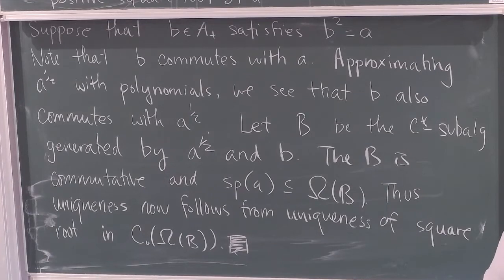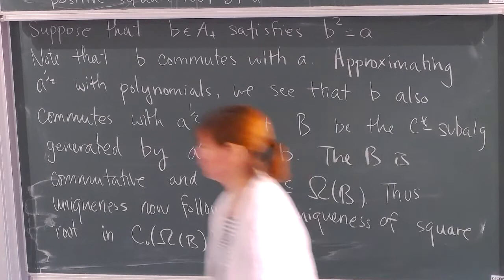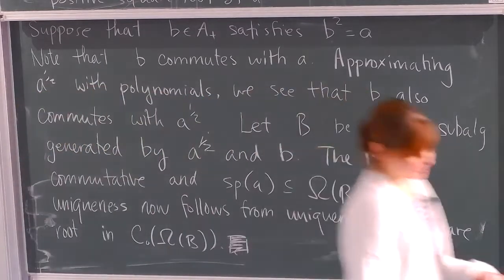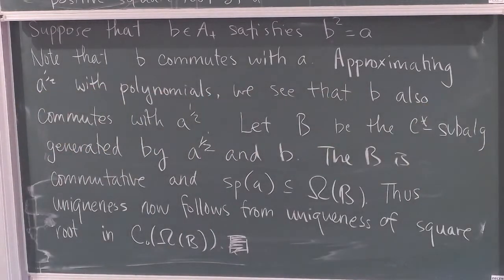So this allows us another nice feature of unital C-star algebras, which is that they are spanned by unitaries.